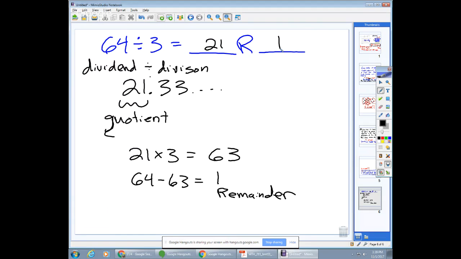So 21 remainder 1. Now, earlier I wrote my division as a multiplication problem and an addition. So we have this one way to write it here. Write it down as a multiplication and addition problem also. What does that look like? Give it a shot, and then I'll write mine down and compare notes.